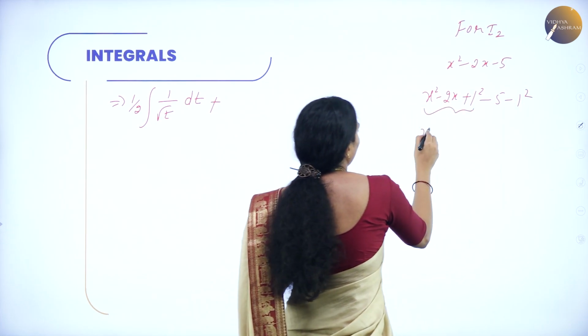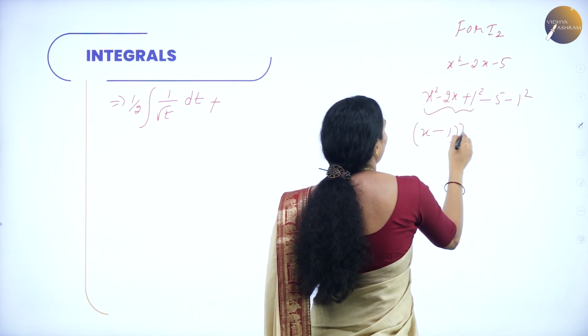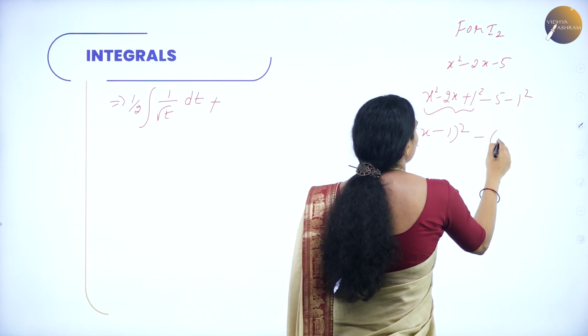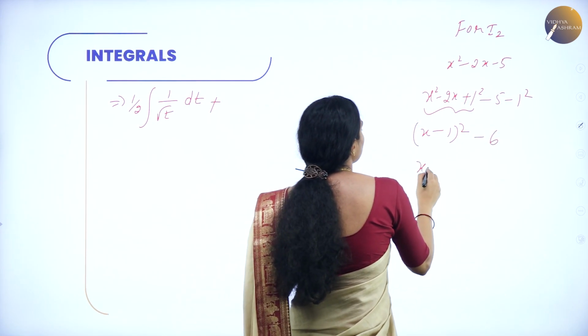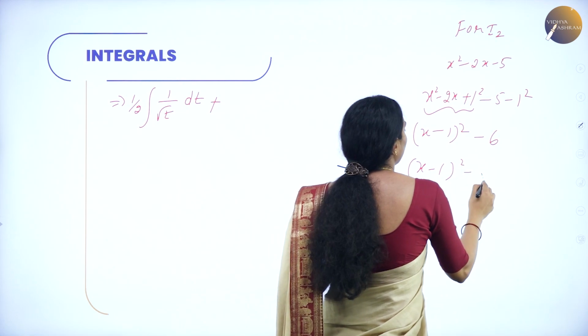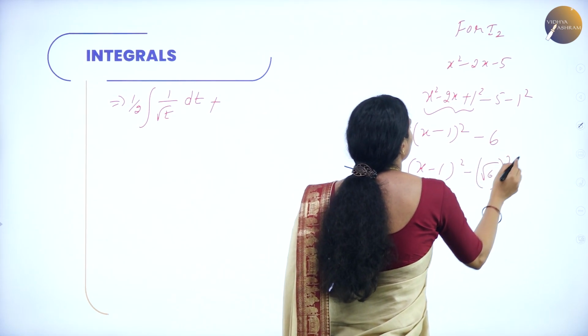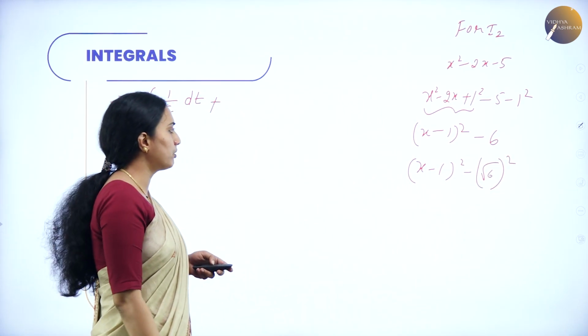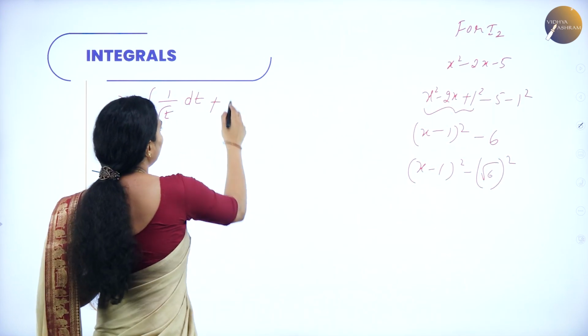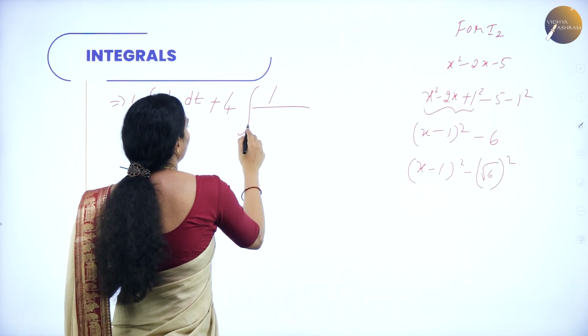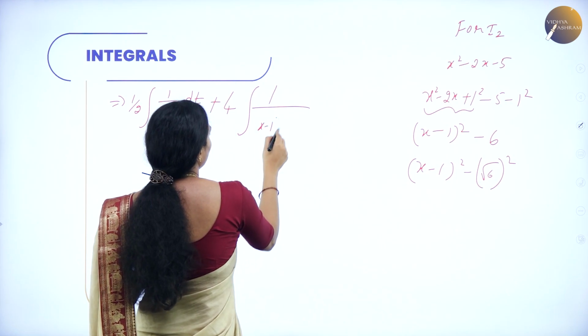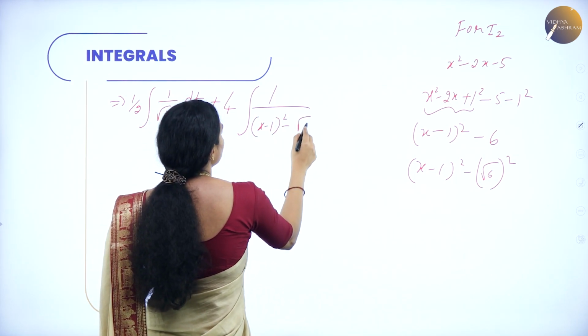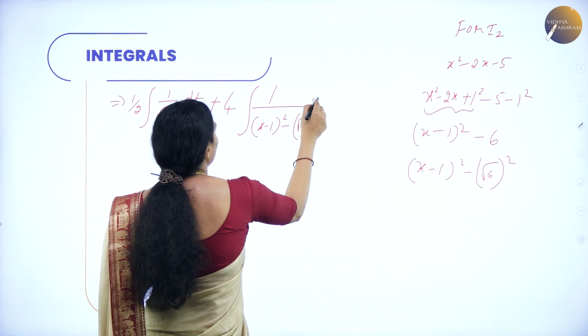Now this you can write as x minus 1 whole squared, and minus 5 minus 1, which is minus 6. So x minus 1 whole squared minus root 6 the whole squared. Now therefore for I2 you can substitute it as 4 into 1 divided by x minus 1 whole squared minus root 6 whole squared dx.